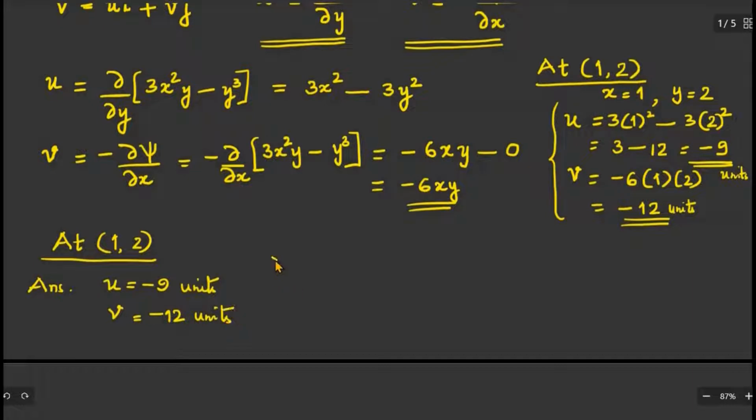And then the resultant velocity. It is always better to give the resultant velocity in terms of vector and in terms of magnitude.